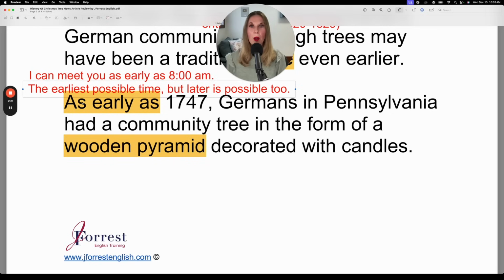Let's talk about as early as. When you use this, you're saying this is the earliest possible time, but later is possible too. So 1747 is the earliest time, but it could have been 1748 or 1749, 1755, for example. We use this quite a lot when you're making plans and arrangements.